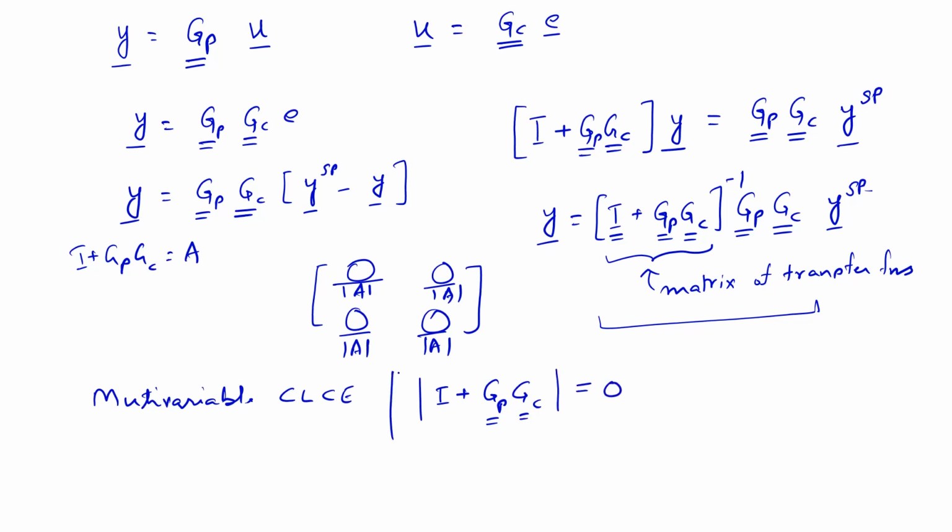This is the multivariable closed loop characteristic equation. For a 2 by 2 system, we can see what it is.